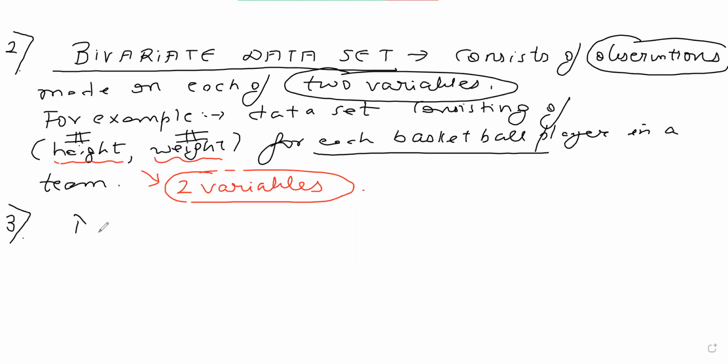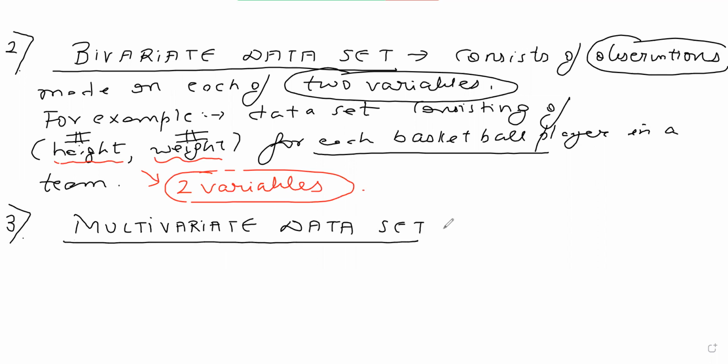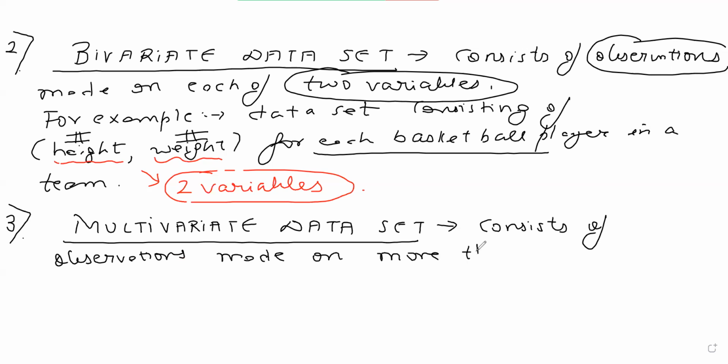Another type of data set, as we all know, is the multivariate data set. In real life, we mostly deal with multivariate data sets. Obviously, it deals with observations regarding more than two variables. So I can write it consists of observations made on more than one variable. So more than one variable is multivariate, where two variables is a special case called bivariate.